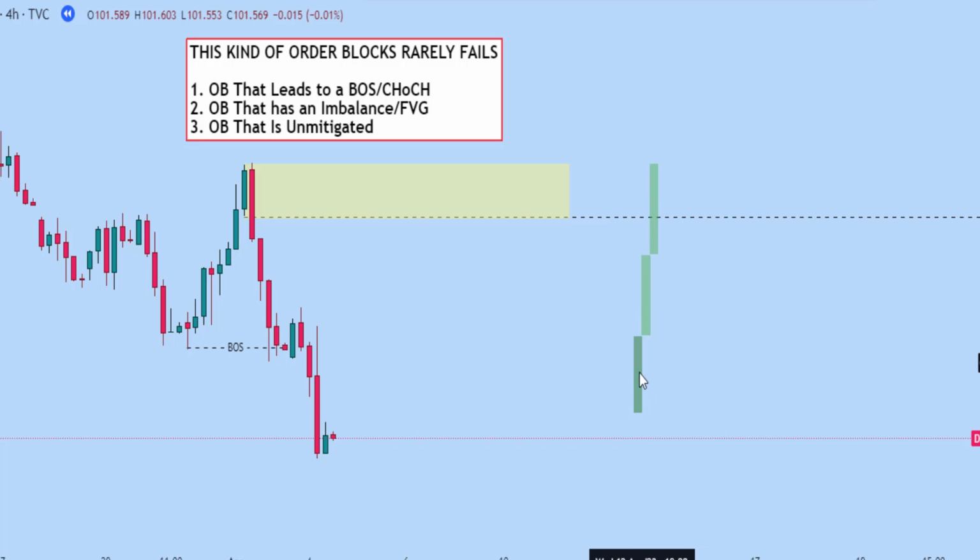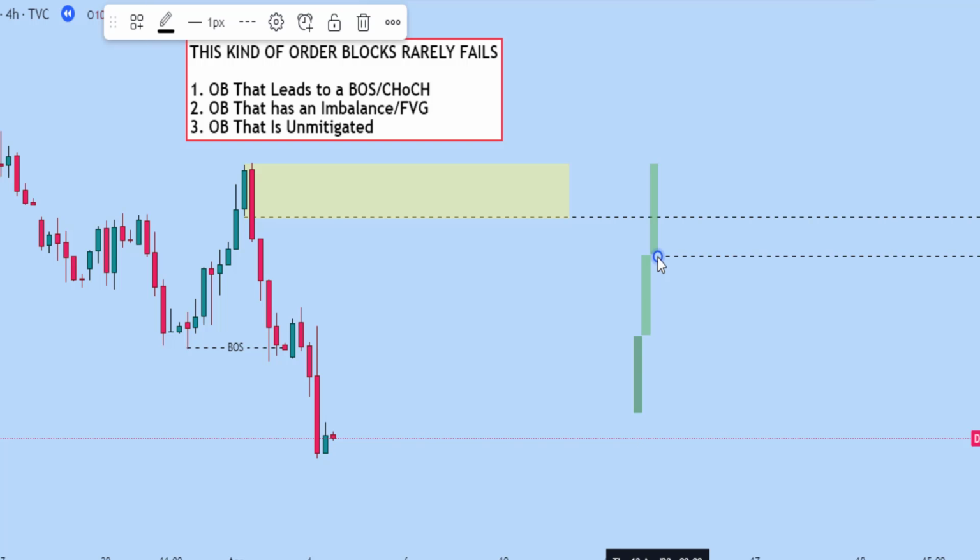The wick, that is the tail, there is a gap in between them. They are not connected. That is what we call a fair value gap. Let's say this is where the wick is at this point and at this point. So the middle of this is known as a fair value gap.